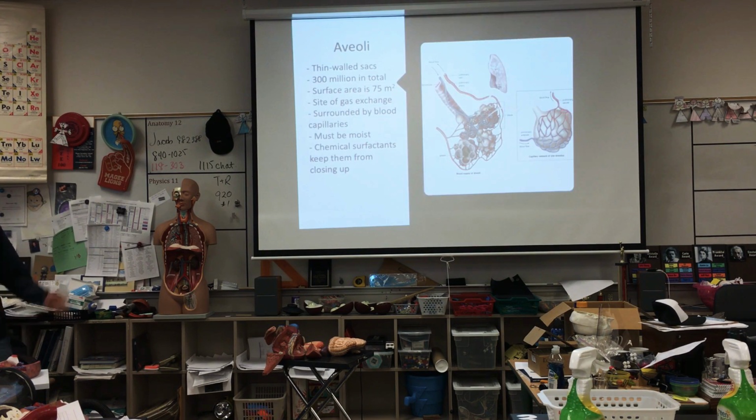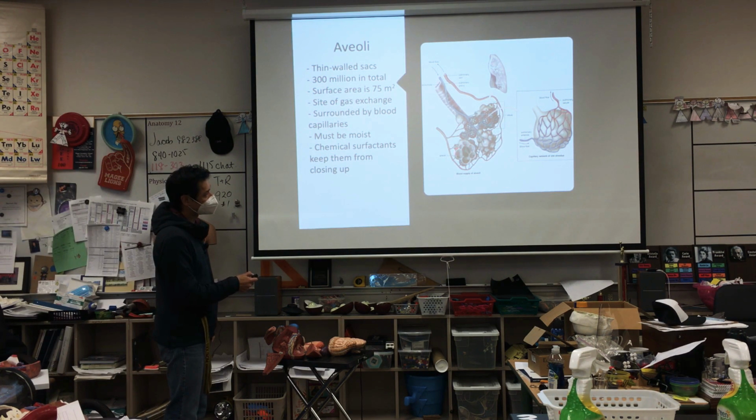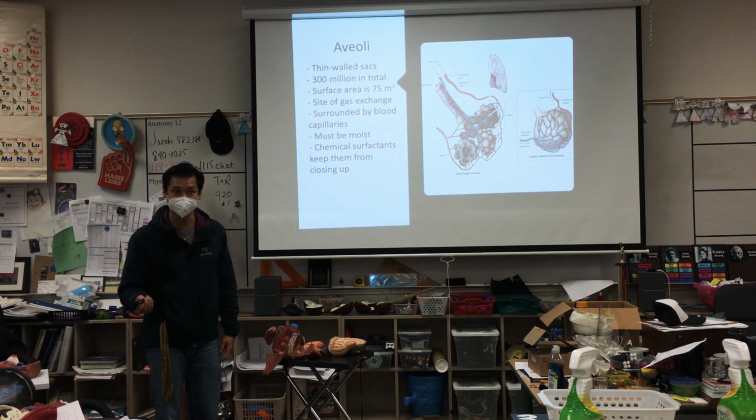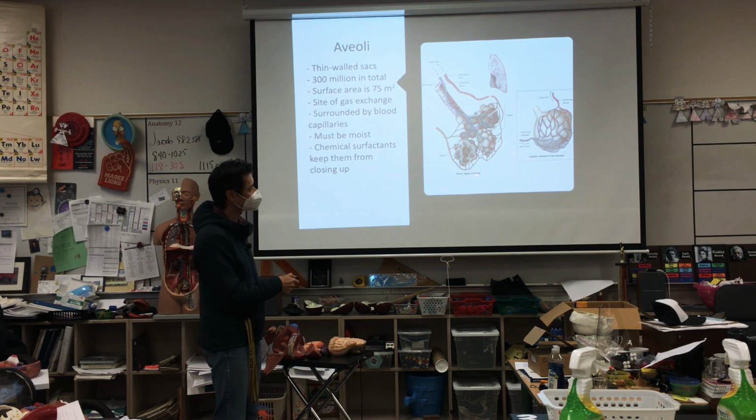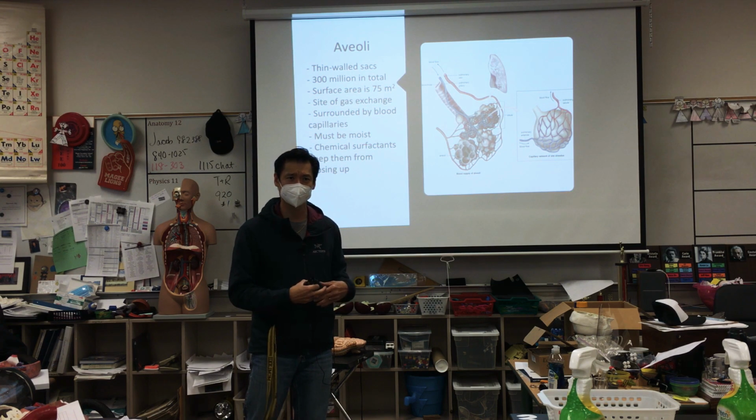Okay? This is one of the sacs. It's called an alveoli right here. And you can see how bundly round they are. And that's to increase surface area, because this is where oxygen enters the blood, and this is where carbon dioxide leaves the blood. So increase the surface area, there's more gas exchange happening.